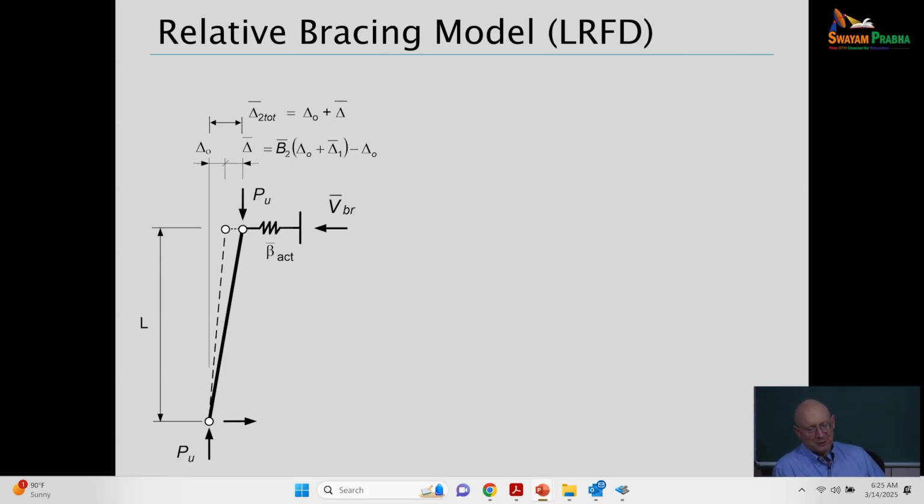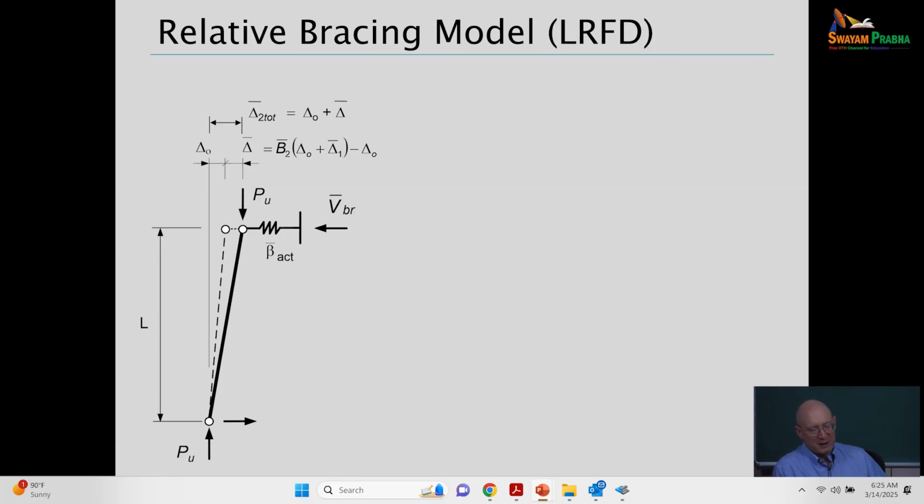So if I've got a delta naught plus a delta bar 1, delta bar 1 here in the case that we're going to be looking at is 0, but my calculation here is really exactly what we did the other day with the amplified story drift method, when we were talking about story side sway amplification.